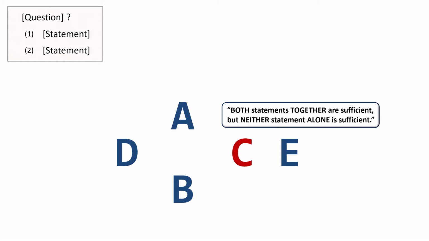The part that says, neither statement alone is sufficient, means that we should put I for insufficient next to 1 and 2. For the part that says, both statements together are sufficient, let's make room for the combination of statements 1 and 2. We can call this combination the united statement, or U for short.